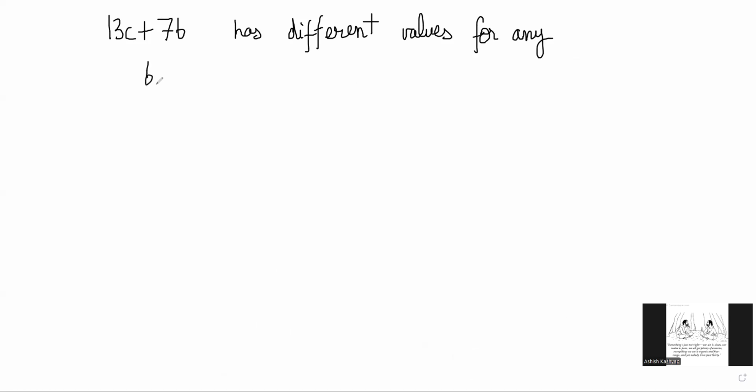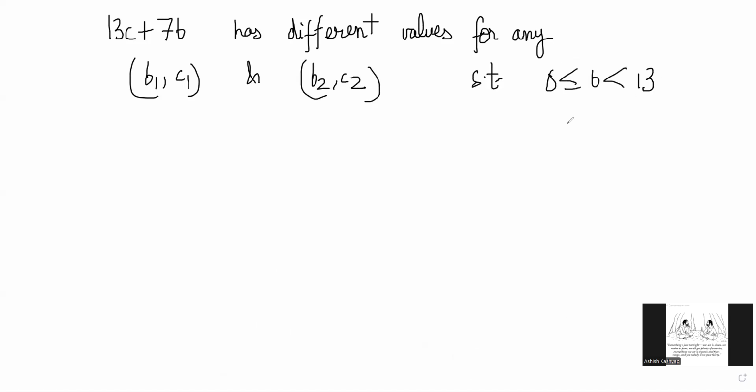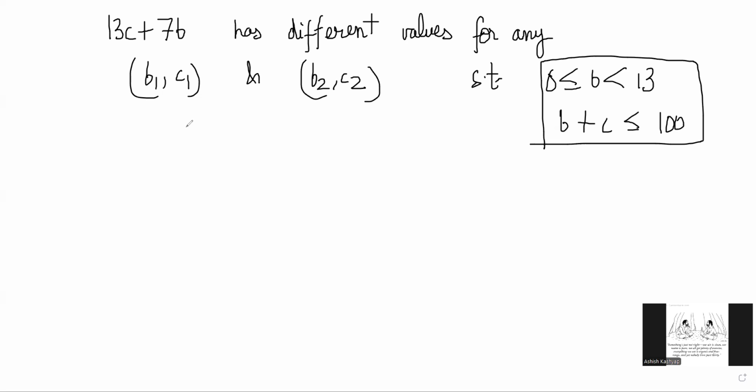So what I want to check is that 13C plus 7B has different values for any B1 C1 and B2 C2 such that 0 is less than or equal to B is less than 13 and B plus C is less than or equal to 100. When you take two pairs in this range, you should always get different values of this expression. So let's check the values.